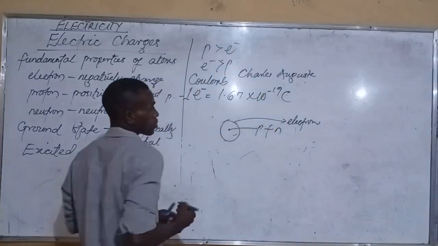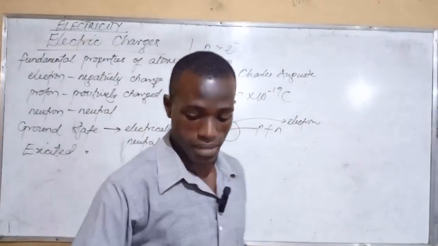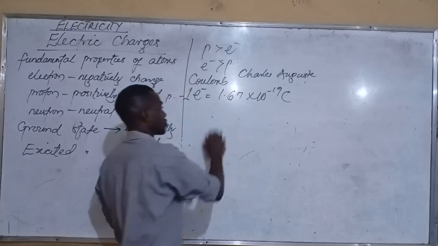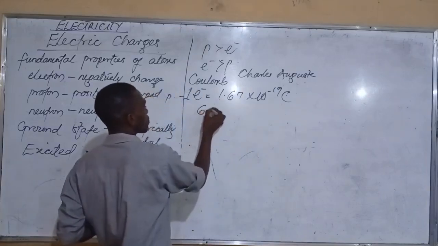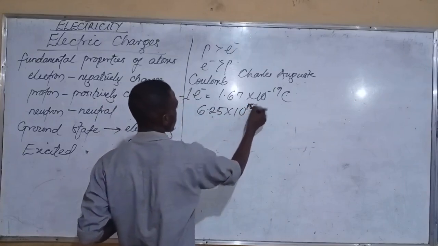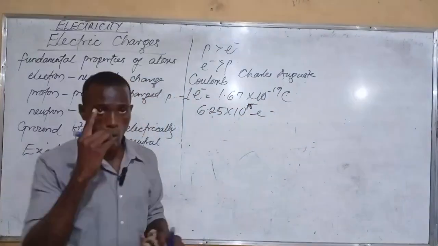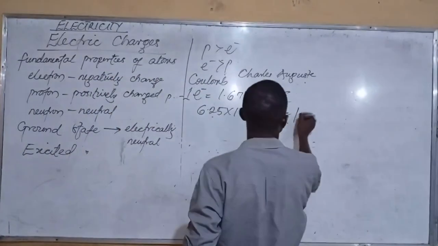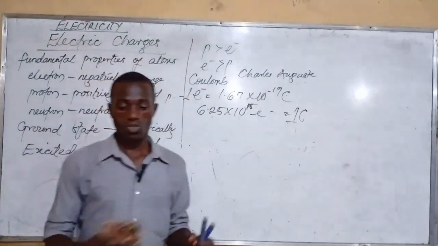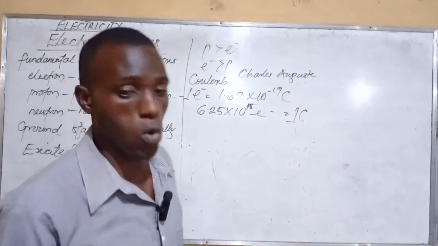So you see how small one electron's charge is. It means that to make 1 Coulomb of electricity, you need about 6.25 times 10 to the 18 electrons. So that's why we said the Coulomb is a very great quantity.